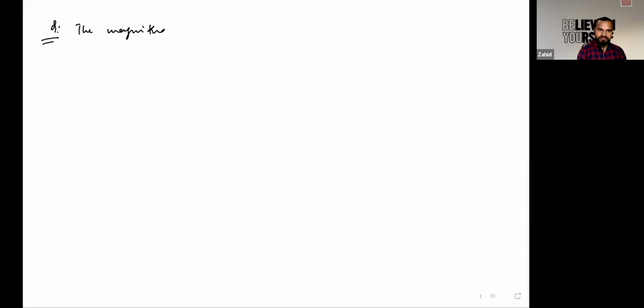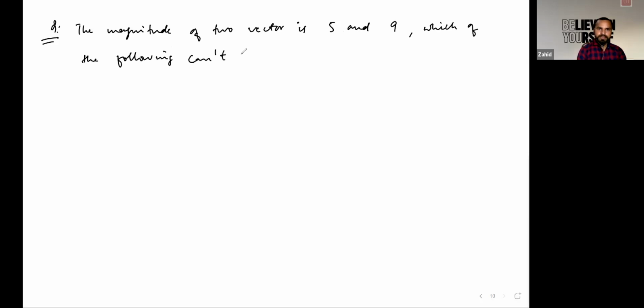The magnitudes of two vectors are 5 and 9. Then which of the following can't be the resultant?